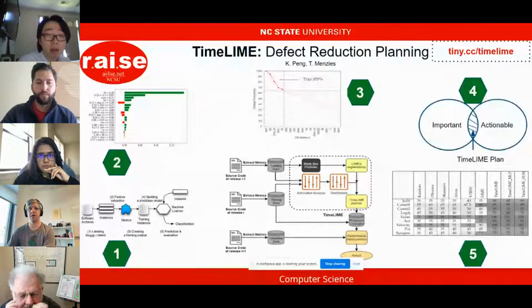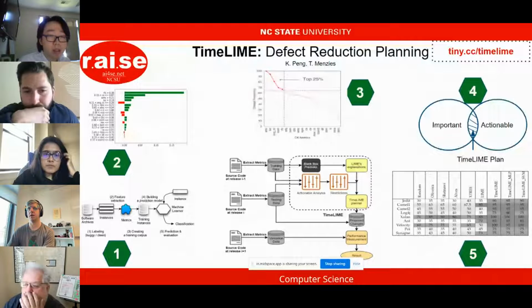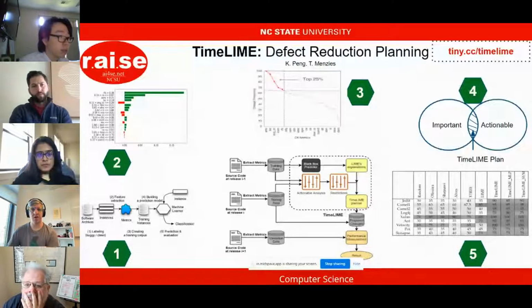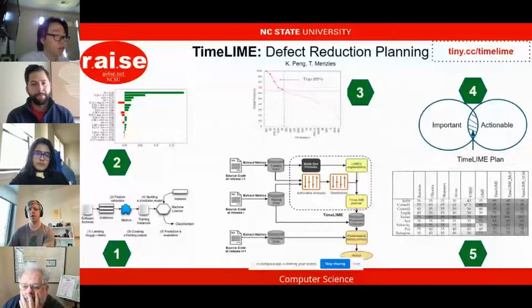In point two, we can see this is a feature importance figure generated by Lime. It's an explanation generation tool that is known for offering local instance-based explanations. This means that for each individual prediction, Lime shows what features are most important and in what way.